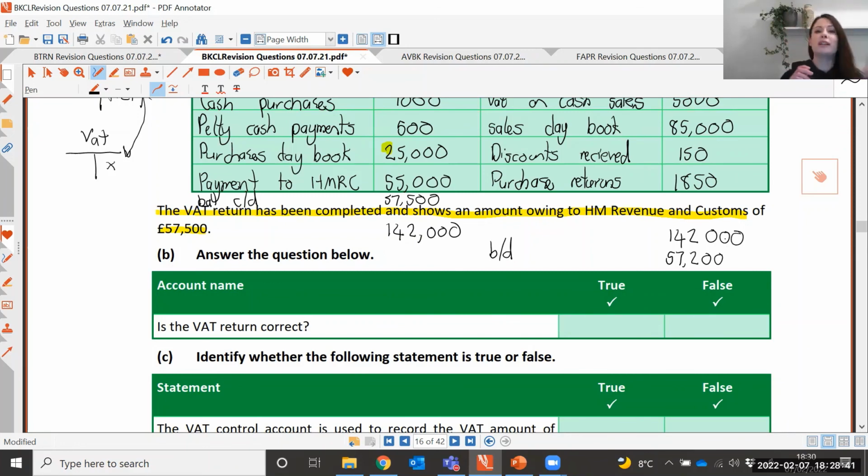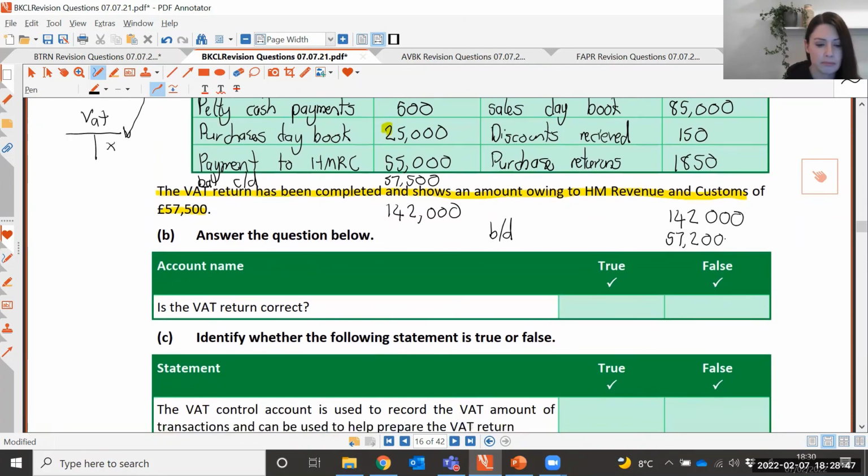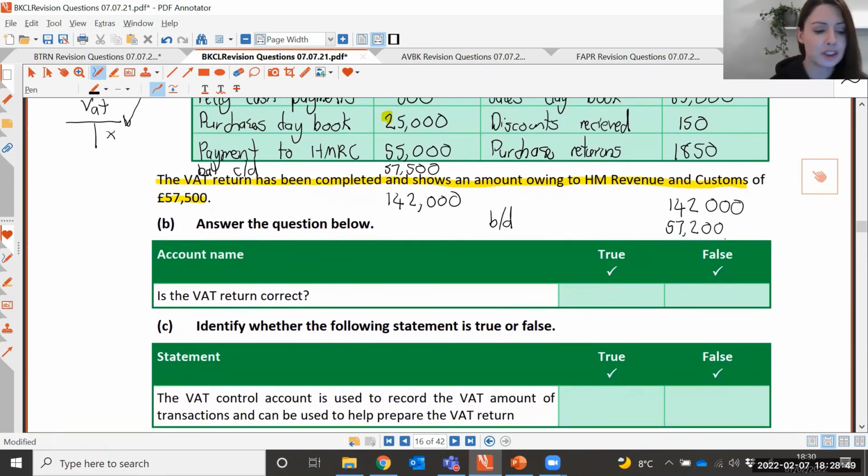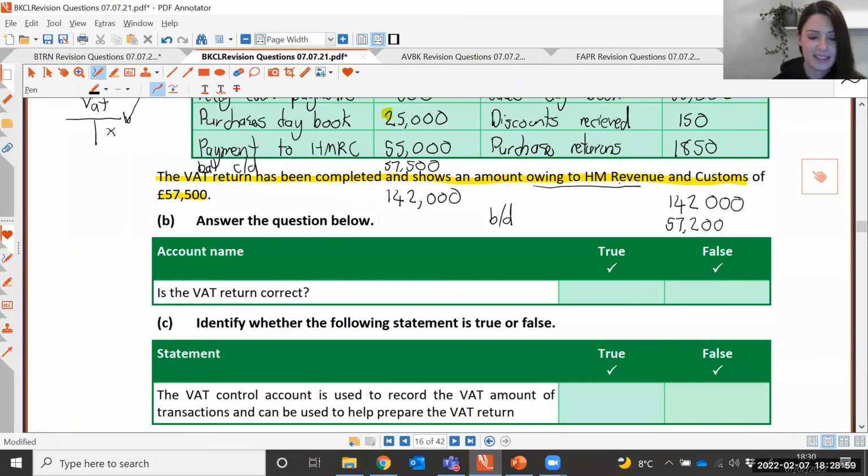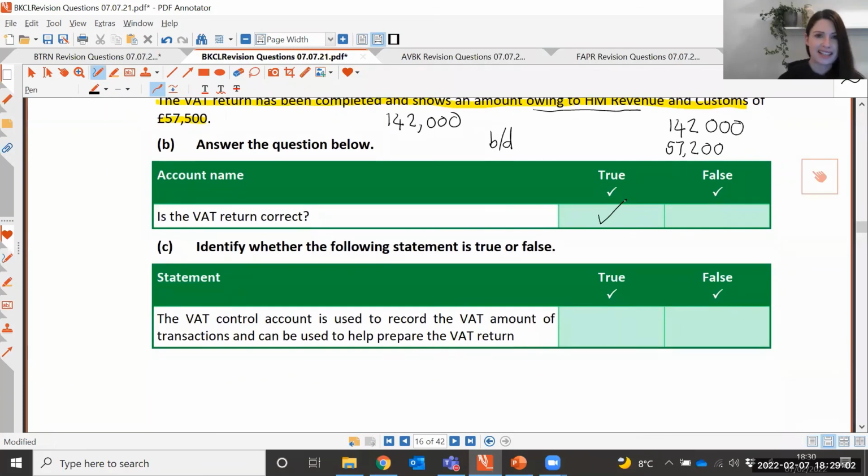When the brought down is on the credit side, it means it's an amount owing to HMRC. If we refer back to the question, it says the VAT return has been completed and shows an amount owing to HMRC of £57,500. So yeah, the VAT return is correct.